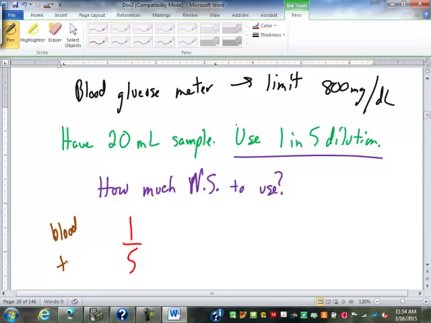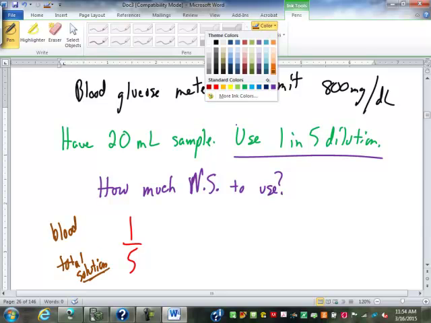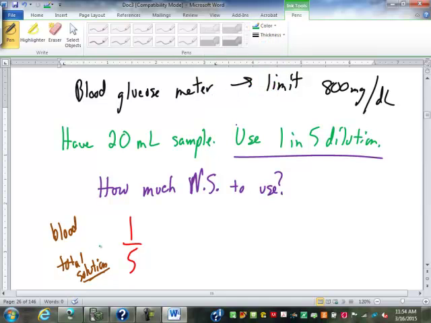The 5 is the total solution. We don't want total solution, we want the amount of saline. So we're going to go for the serum, or the blood, to saline, which is going to give us a ratio of, well, still 1 part for the blood. How many parts for the saline?